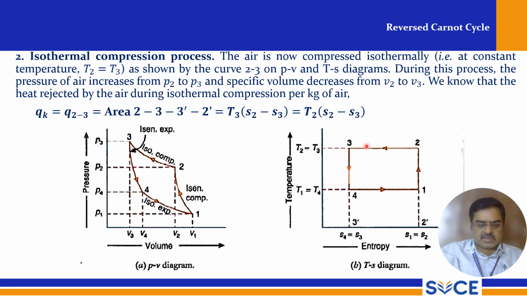This is the total heat rejected by the air during isothermal compression per kg. We can calculate Qk using the area under these points 2, 3, 3 dash and 2 dash. So this area gives you the heat rejected by the air.